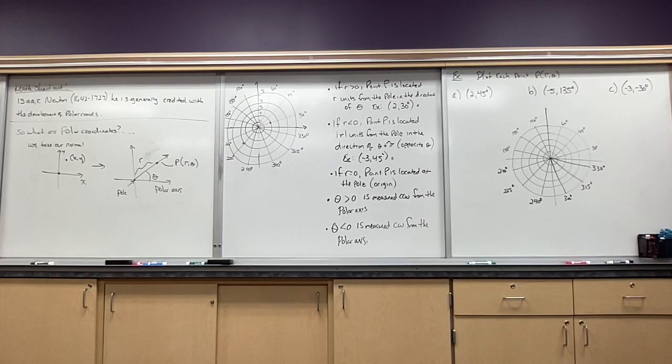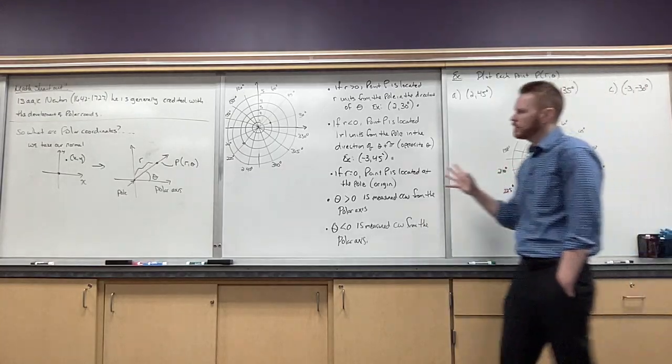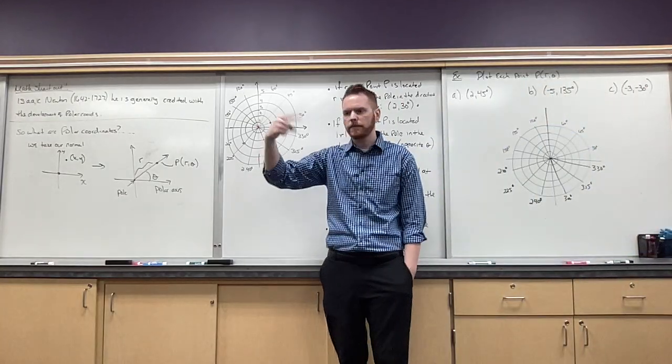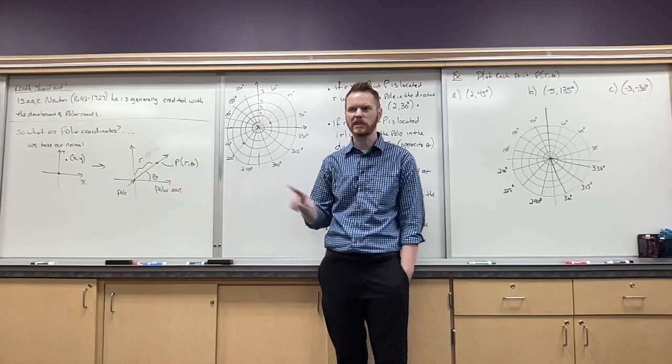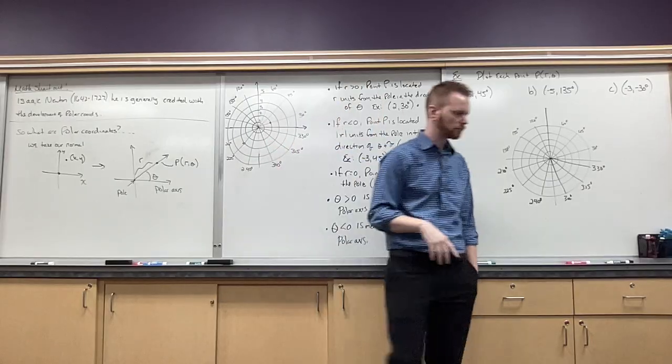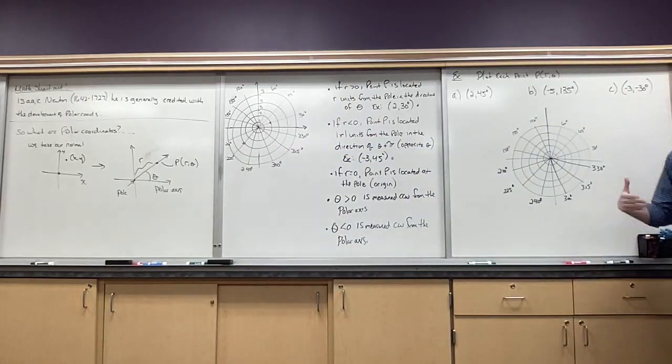Okay, I will tell you, if you look up polar grid paper online, you might see them do this, or they might do every 15 degrees. So you might see additional lines here. I think the standard is every 15 degrees, but we don't have to go to that extreme. I think using our unit circle values, that's good enough for me. Okay, I think we're okay. So let's go ahead and start plotting these points.